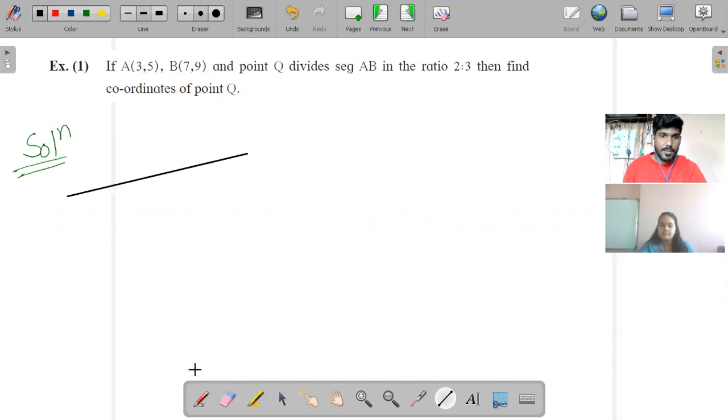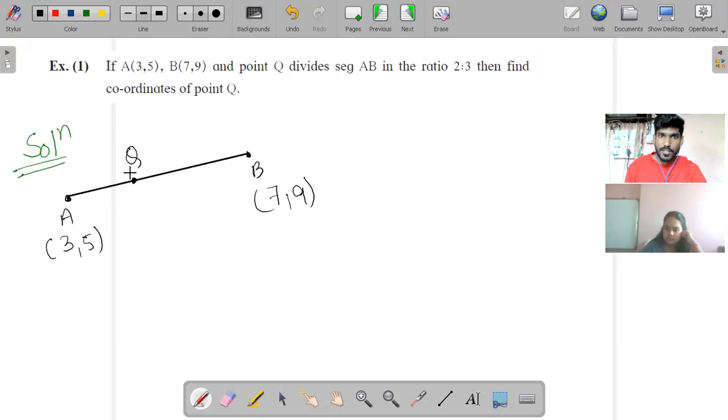You have segment AB. This is point A and this is B. A has the coordinates 3, 5 and B has coordinates 7, 9. Suppose point Q is here, dividing segment AB in the ratio 2:3.